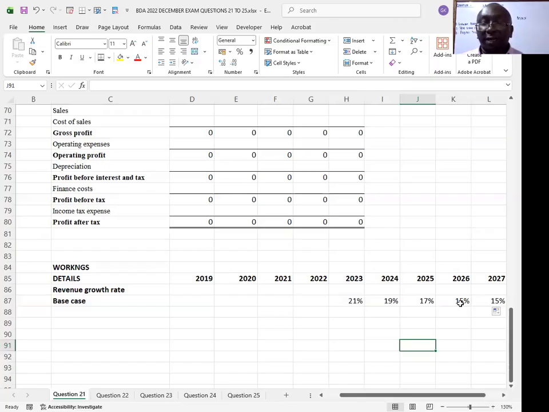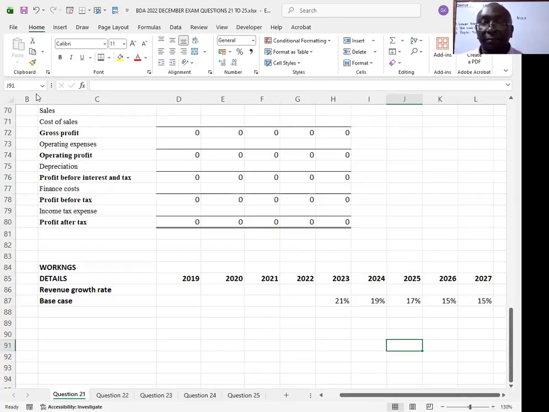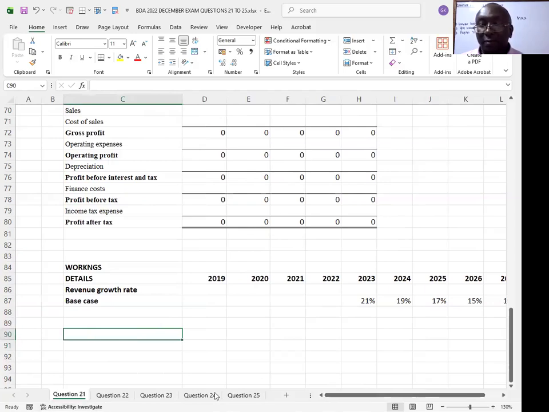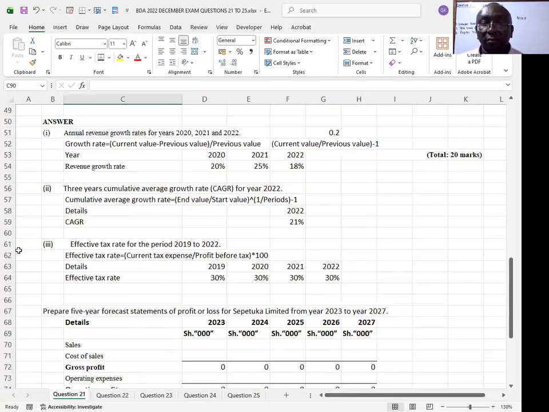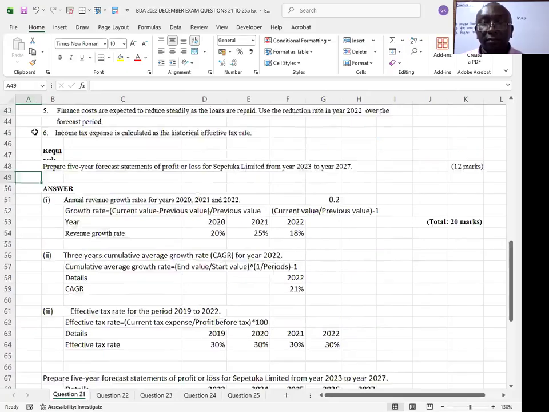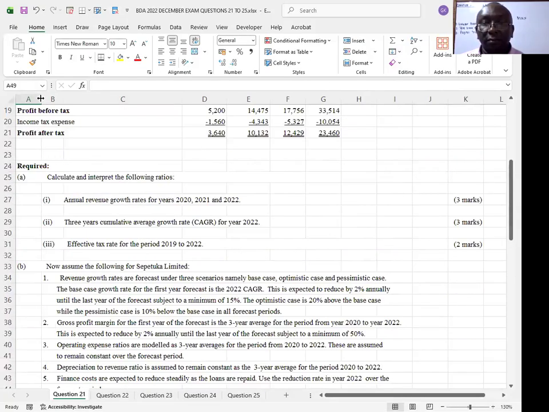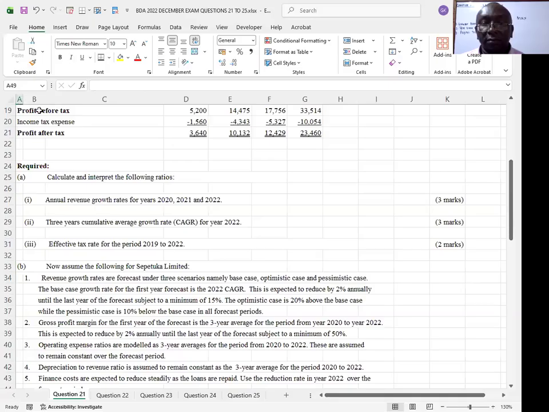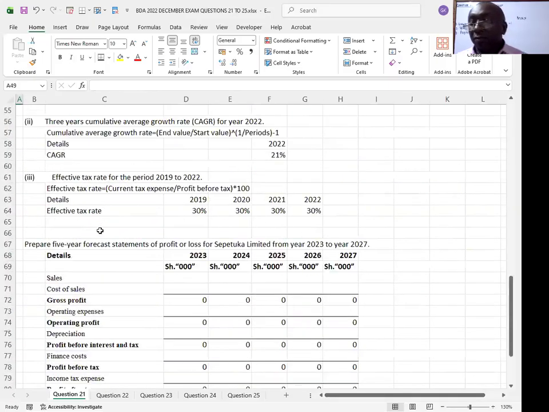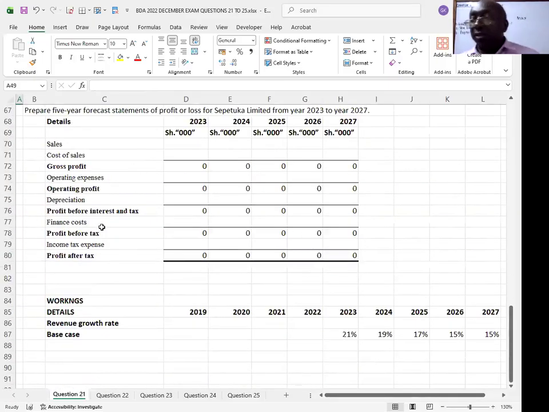Okay, I think we are good. Higher. That is now the base case.